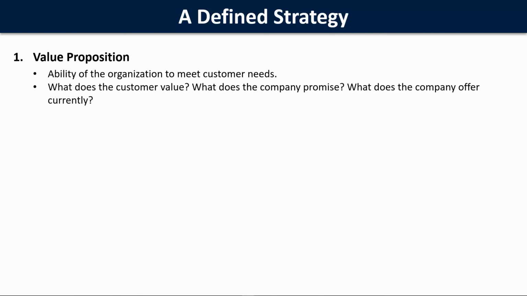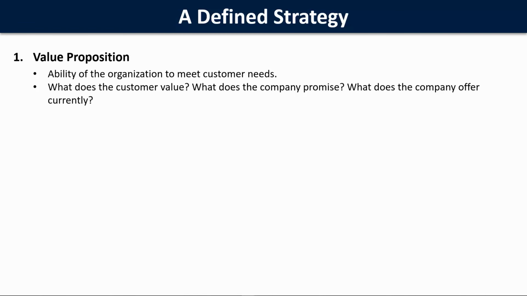So if you're defining a new strategy, you might be saying, well, we're going to now offer some of these new products in these particular areas, or we're going to offer communication based on what we've promised. We might want to update what we understand customers value. Maybe we want to iterate and evolve the way that we conceive of the different types of customers that we're serving, and then why each of those groups of customers tends to purchase from us.